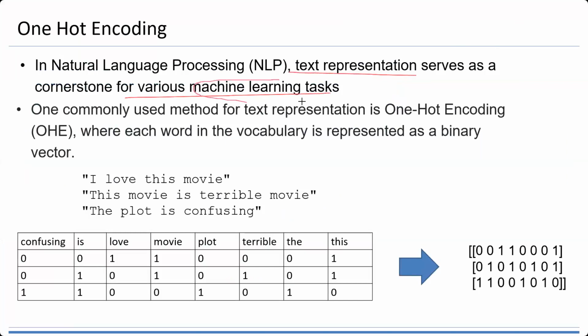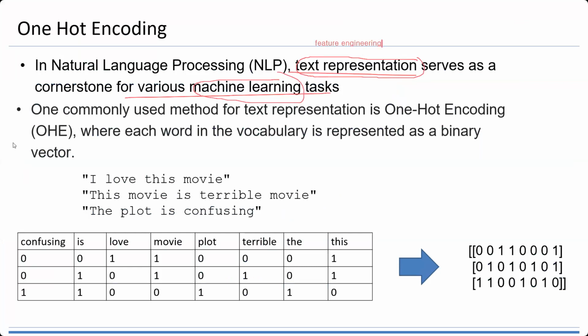Usually we also call text representation feature engineering. If you learn about data mining or machine learning, you will know about feature engineering. So one of the names for text representation is feature engineering.